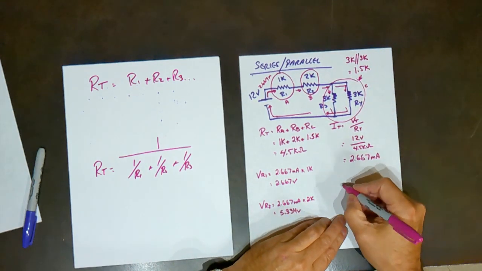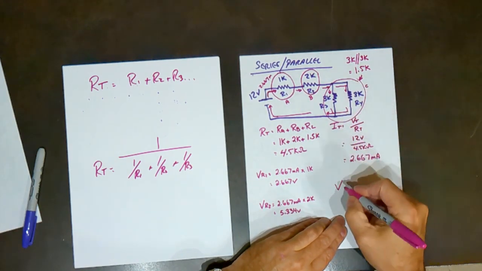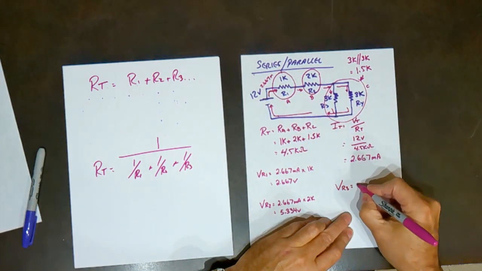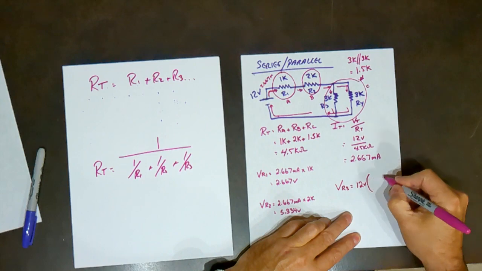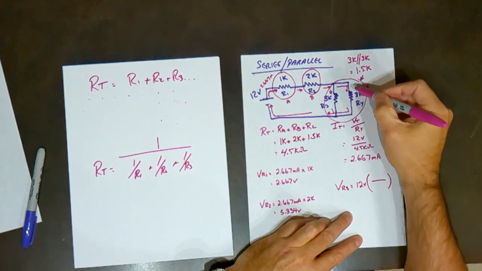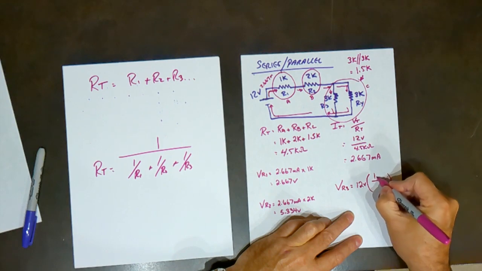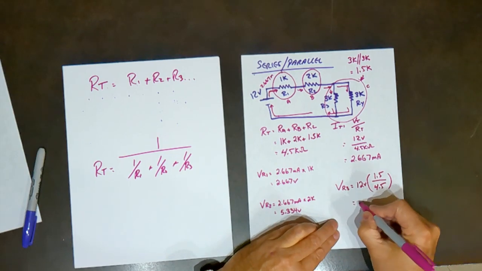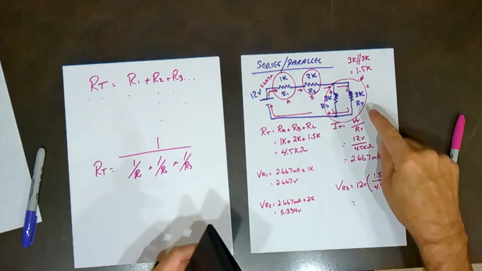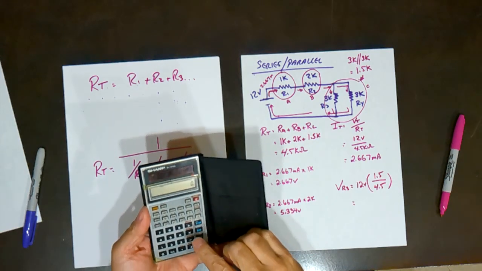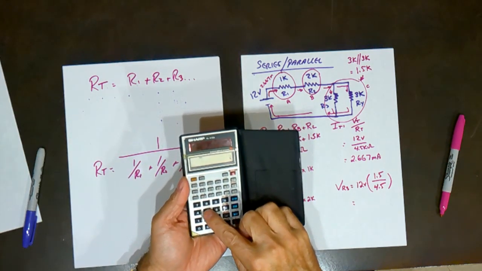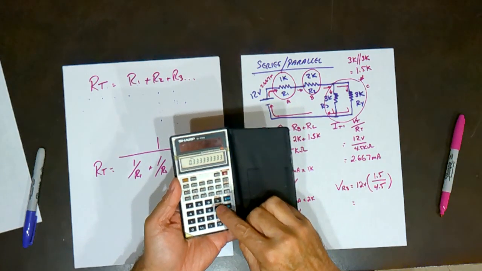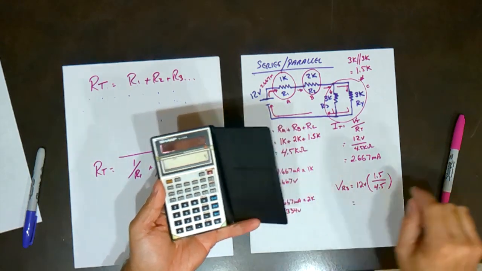So the voltage across R3 and R4 together is equal to 12 volts multiplied by this resistance, 1.5, over R total, which is 4.5. 1.5 divided by 4.5 times 12 equals 4 volts.